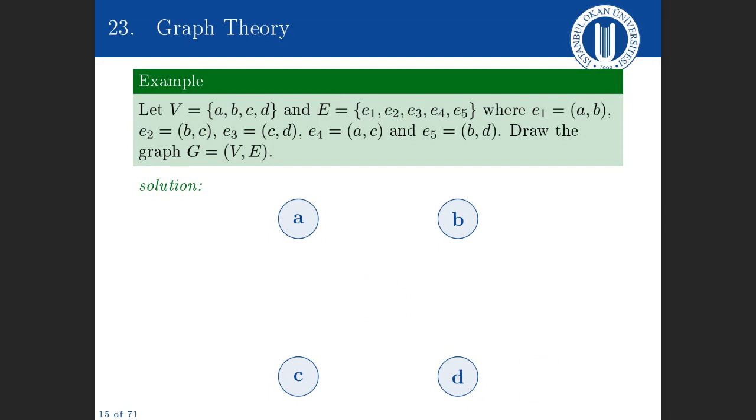And then we need to start drawing the edges. The first edge joins A and B. So we draw a line from A to B, and we call this E1. The second edge joins B and C. So we draw a line from B to C, and we call this edge E2.